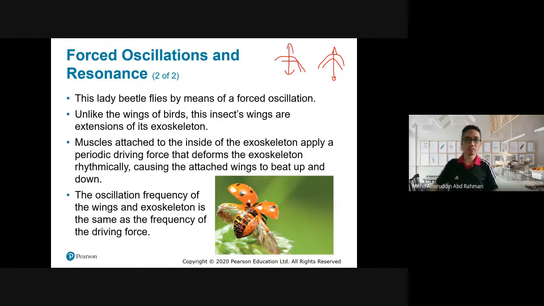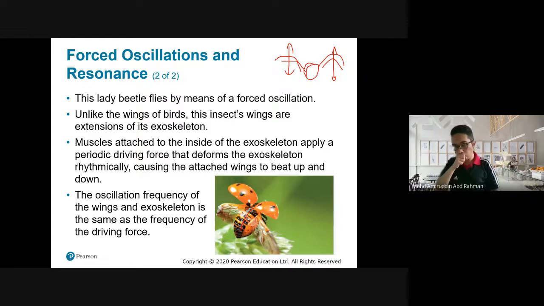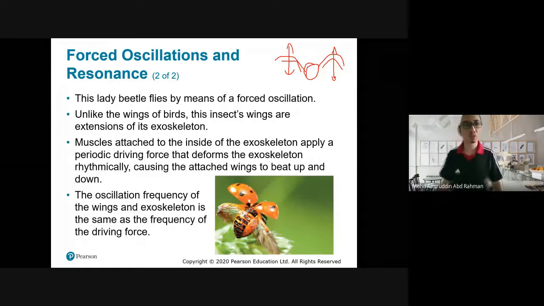But in order to make it stay like that, there will be a forced oscillation by the body of the insect, so the body forces it. That's why it will follow this equation. So that's about the forced oscillation.